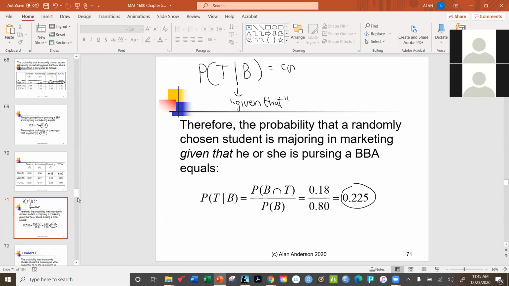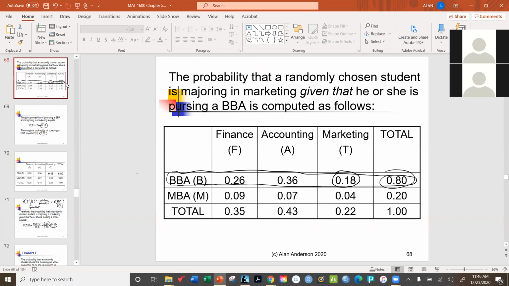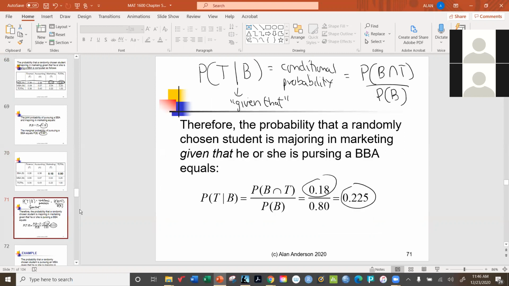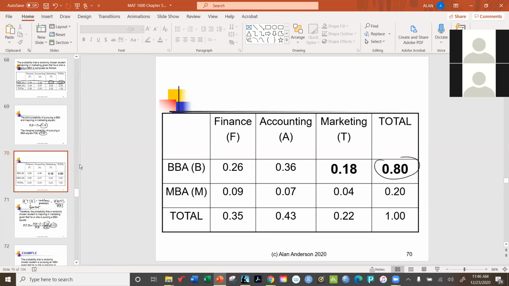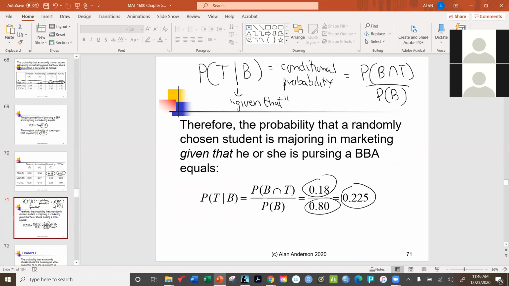This is a conditional probability, and it's formally defined as the joint probability of T and B, or B and T, it means the same thing, over the probability of B. And so therefore, we can look these numbers up in our chart. Remember, this is 0.18 from here, and this 0.80 is the probability of getting a bachelor's degree. So it's the ratio of these two numbers. And that turns out to be 22.5% or 0.225.